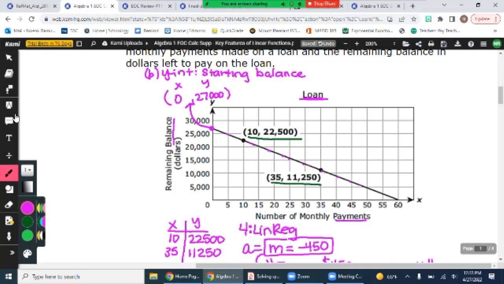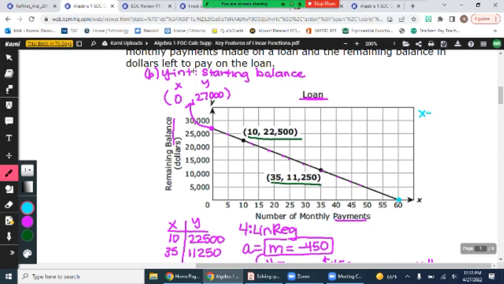What else can I gather from this graph? What else could they ask me about this graph? One more thing. Solutions to this graph? Okay, if it's asking me, well, no, not solution. Try again. X-intercept. So if it asks me for the x-intercept, it would be asking me for the what?